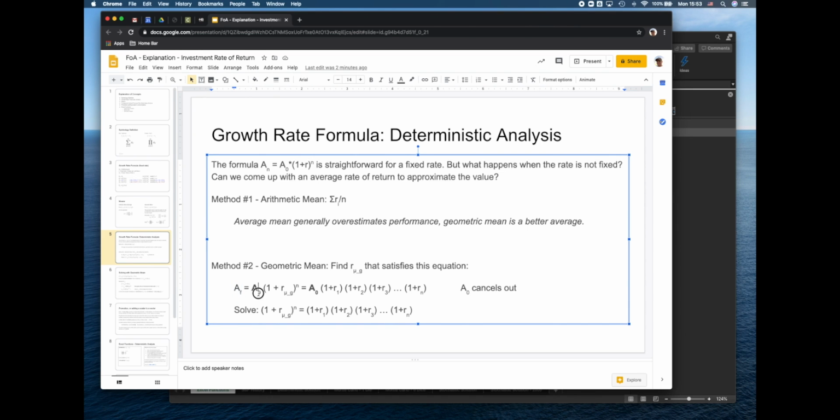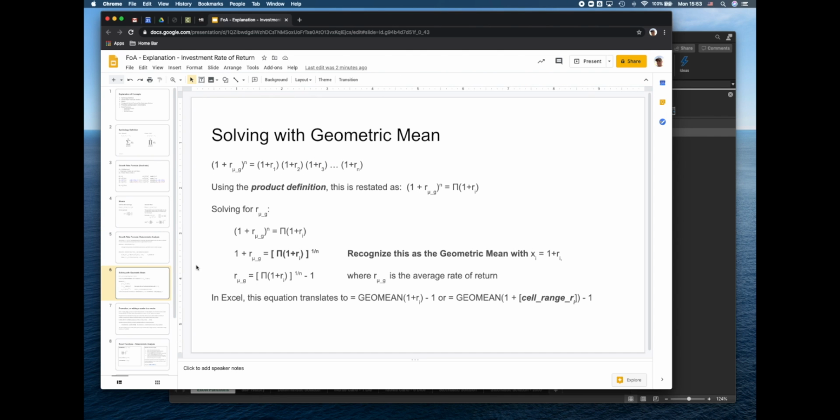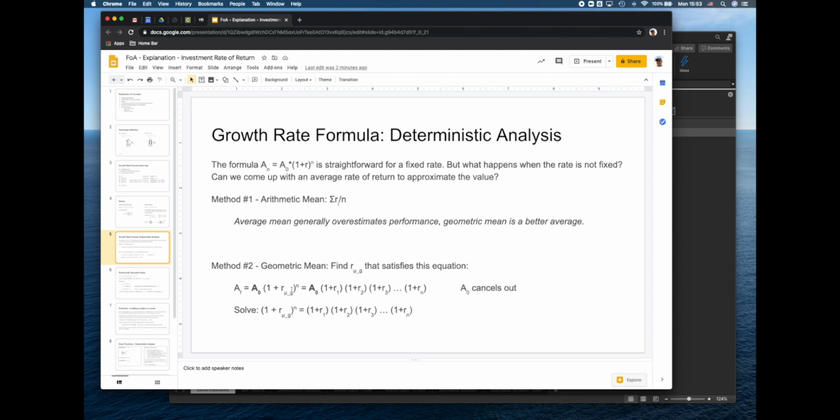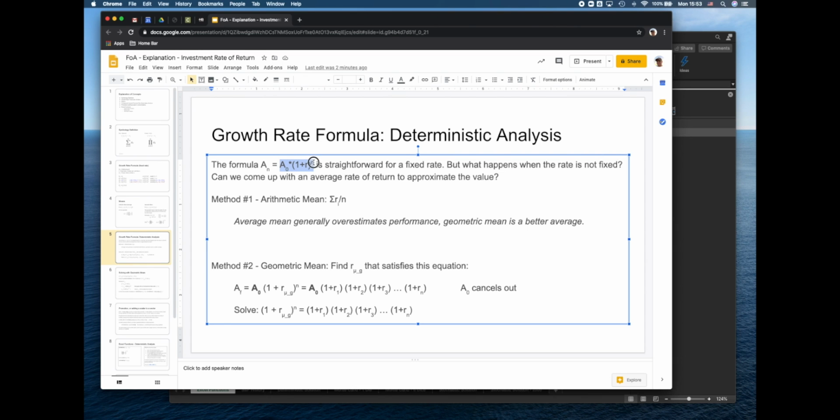We want to find some average rate, some average geometric mean, that when raised to the nth power, just like using this equation here, is the same as a0 times 1 plus r1 times 1 plus r2 times 1 plus r3 times 1 plus rn, where all these r1 to rn are varying rates.